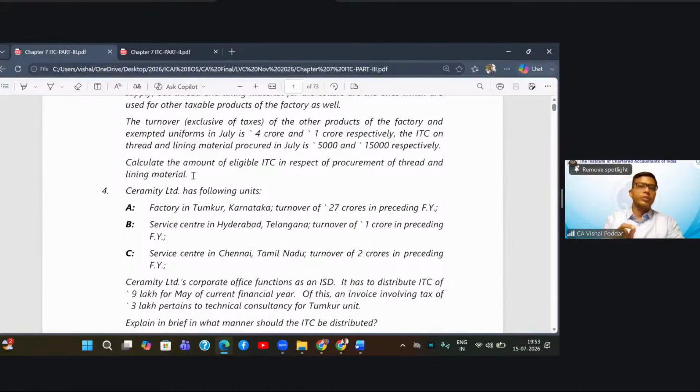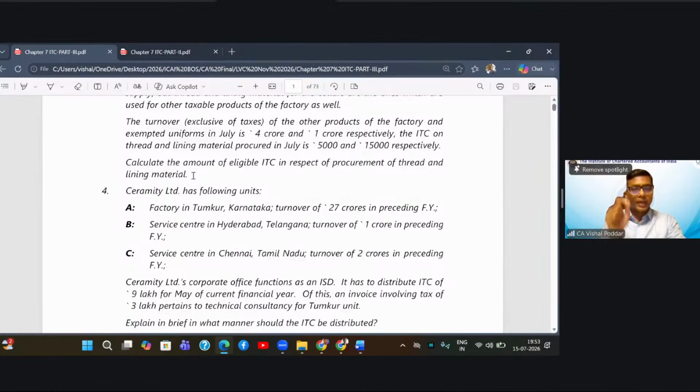Now, as per this calculation, out of this 20,000, which is my common credit of thread and lining material, I will multiply it by 1 crore divided by 5 crore, which will give me my proportionate credit for the exempt supply. So out of my 20,000 common credit, how much will be proportionate for exempt supply? It will be 1 by 5, so it will be 4,000.